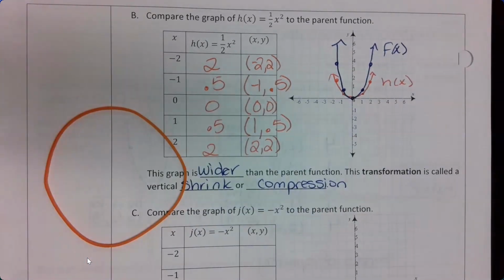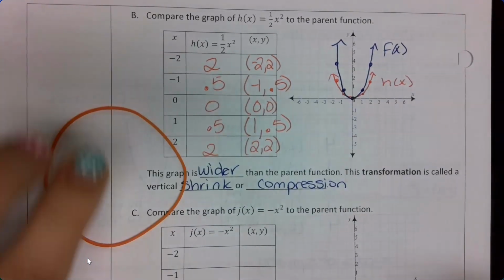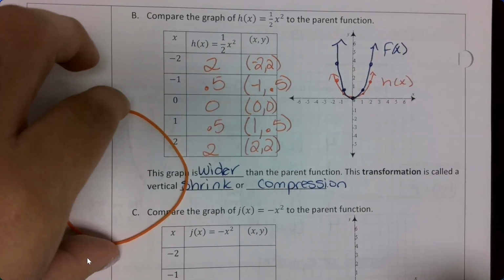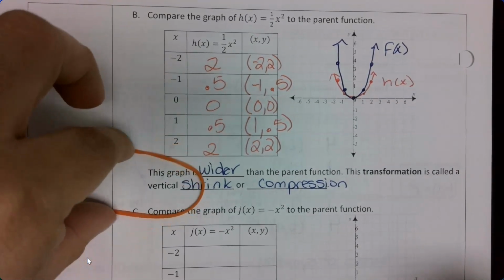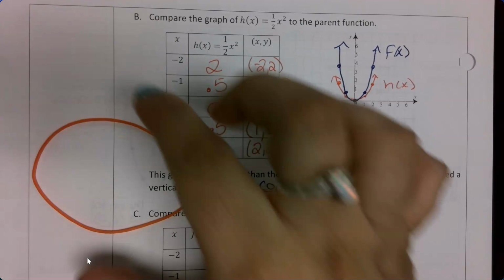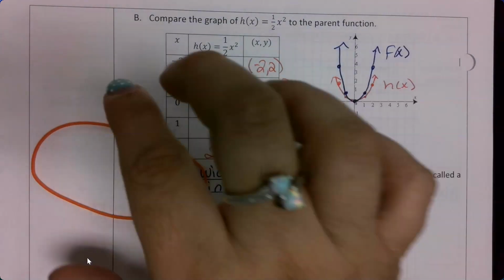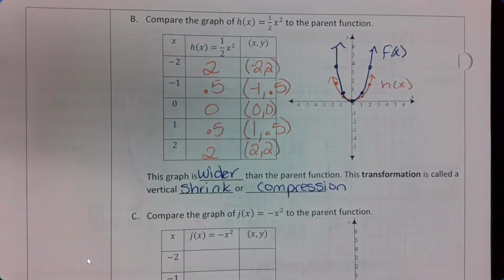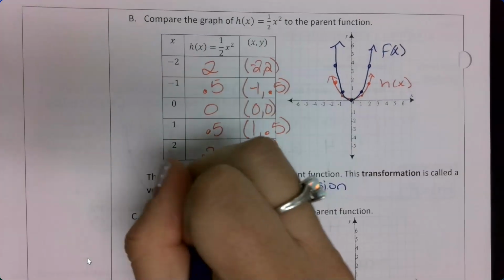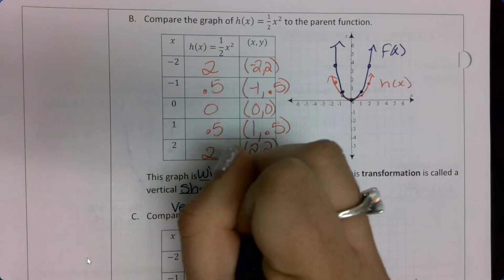So if I think back to this rubber band, that's what it normally looks like. And if I shrink it together or if I compress it together, it gets wider. So that's what's happening with our graph. Then I just need to answer this with words. So this is a vertical shrink of 1/2.